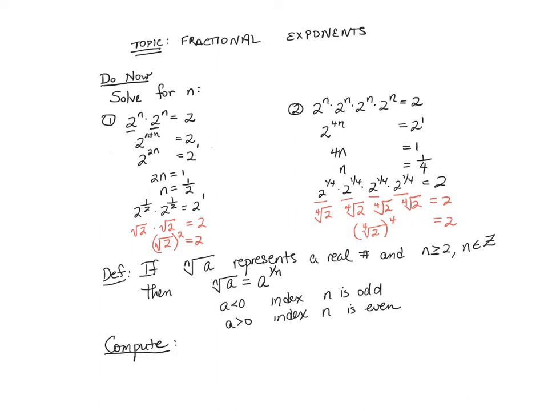Let's compute 49 to the 1/2. Okay, I'll put this as number 3. And let's compute negative 32 to the 1/5. Okay, take a minute and do that just to make sure we have it. Okay, so 49 to the 1/2 is the square root of 49, and that's just 7.